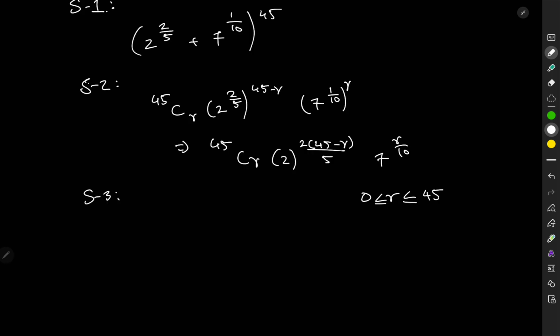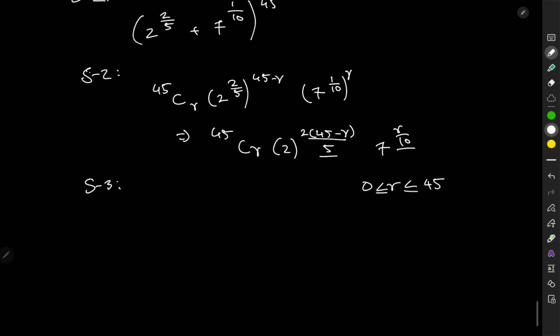Fine. Okay, now put r equal to 0. Of course this is an integer and you will also get 0 here. This is also an integer. Fine then. So the first integer will be r equal to 0.